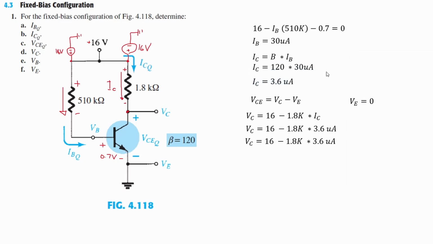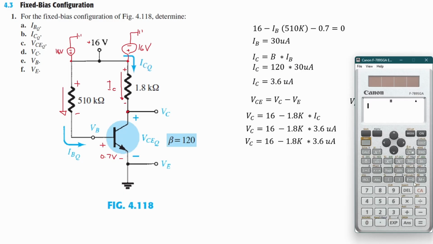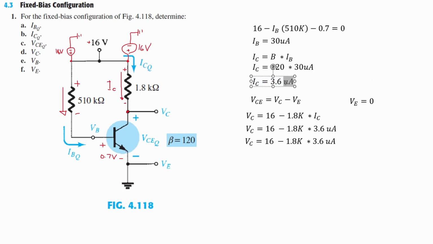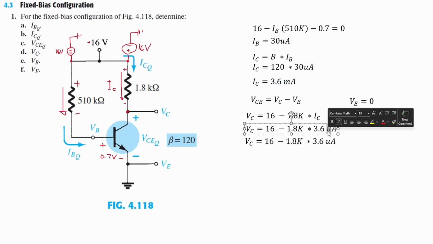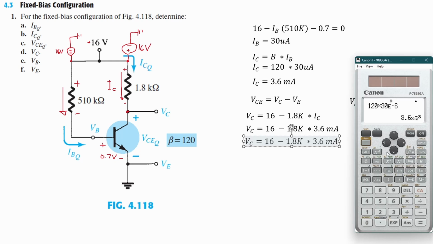Wait lang, hold on. Mali pala tayo ng IC. Apologies for that. 120 times 30 microamps is equal siya sa 3.6 milliamps. Okay. So, milli 'to. Yan. Correction muna. Milliamp. Okay.